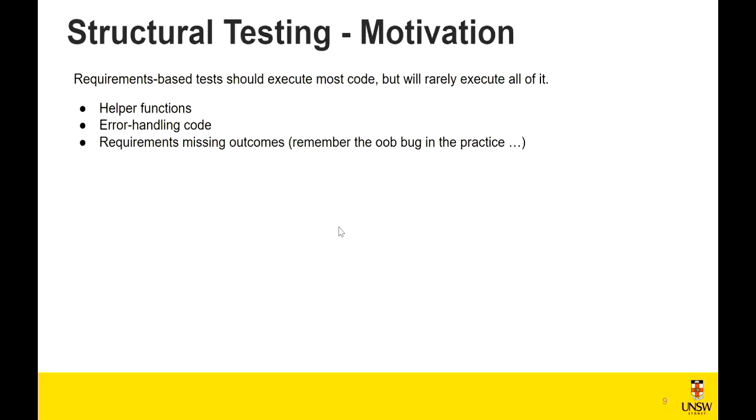The second type of code that black box testing may face difficulty dealing with is error handling code. They could cause some problems because of the lack of specifications, and of course there are some program outputs which are missed in the requirements, which could not be described in the requirements.